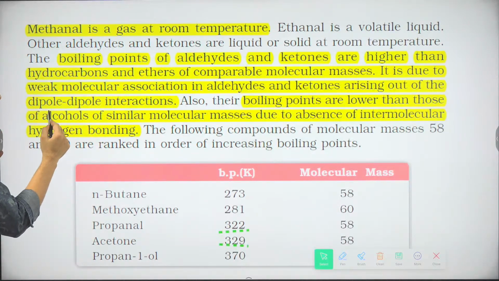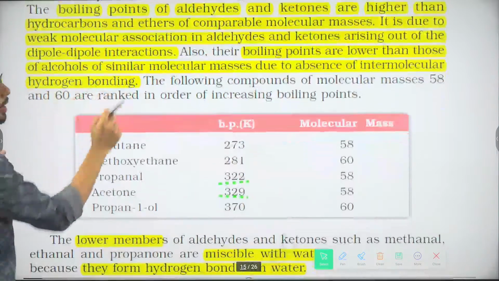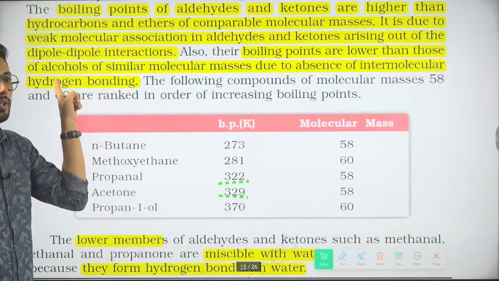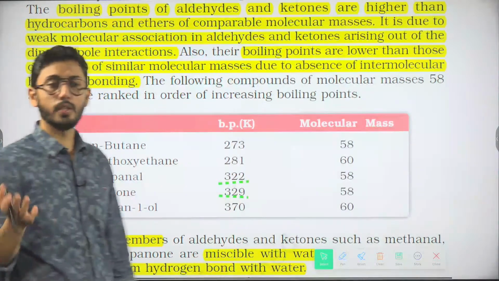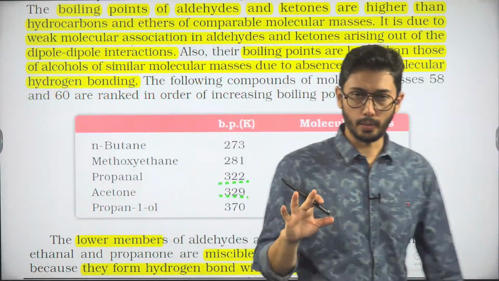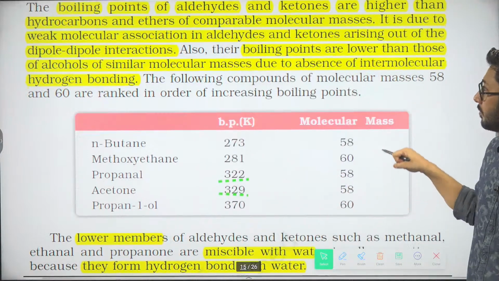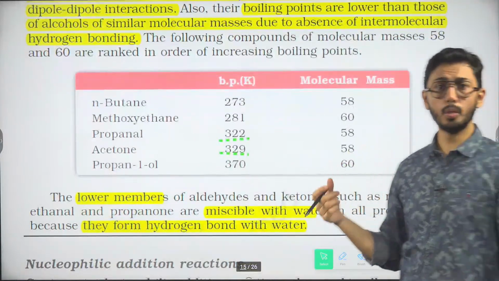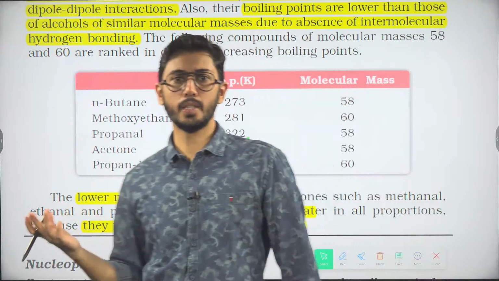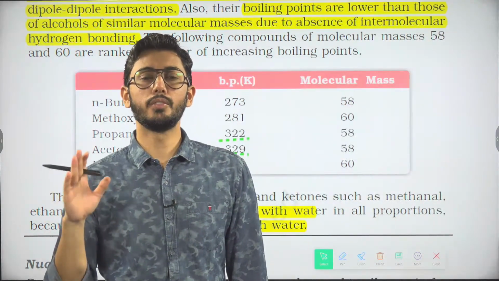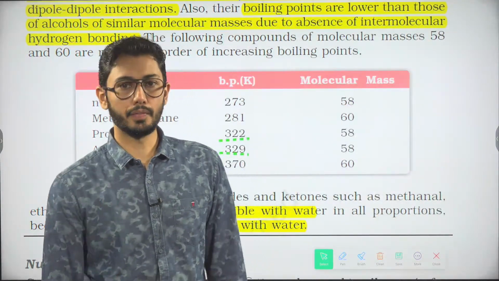Dipole-dipole interactions. Boiling point is lower than that of alcohols, and you can also mention compared to carboxylic acids. And why do alcohols and carboxylic acids have higher boiling points? Simple reason: they have strong intermolecular hydrogen bonding.